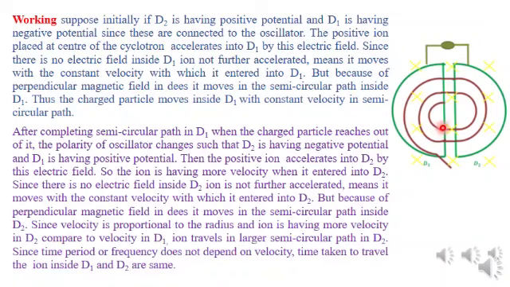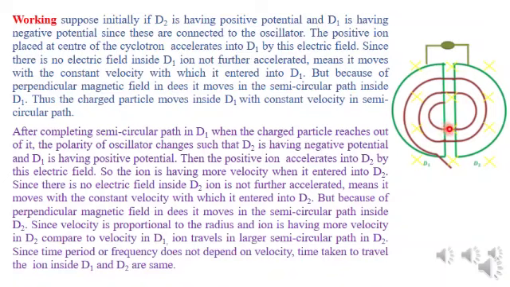But because of perpendicular magnetic field in Ds, it moves in semicircular path inside D1. Thus, the charged particle moves inside D1 with constant velocity in semicircular path. After completing semicircular path in D1, when the charged particle reaches out of it, the polarity of oscillator changes such that D2 is having negative potential and D1 is having positive potential.